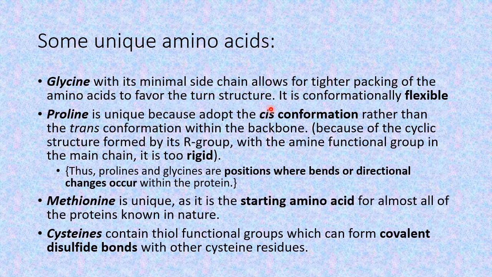And because of the tighter packaging, because the R group is very small, it is not a bulky group, various twists and turns are permitted in the polypeptide chain at the point where this glycine is present.